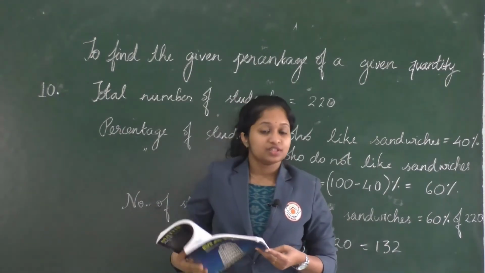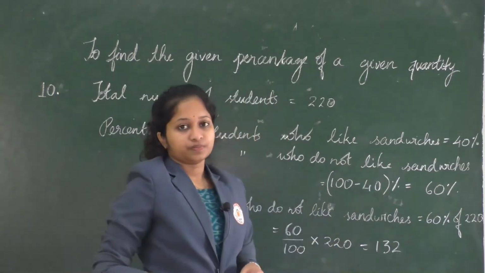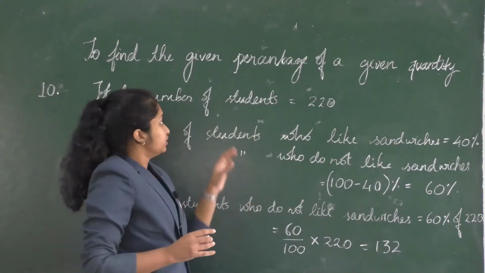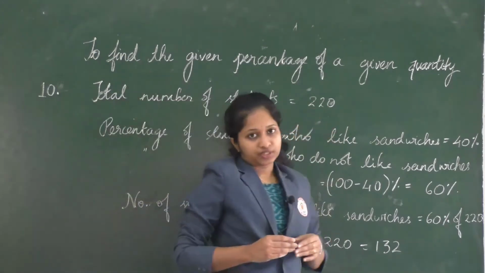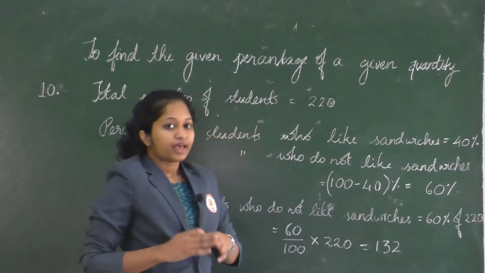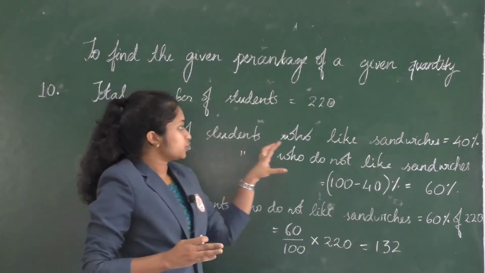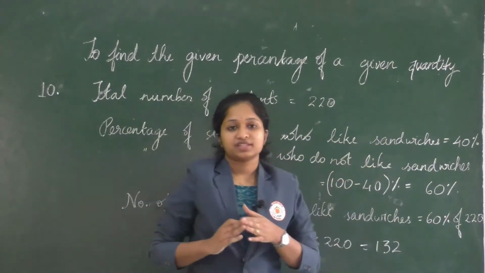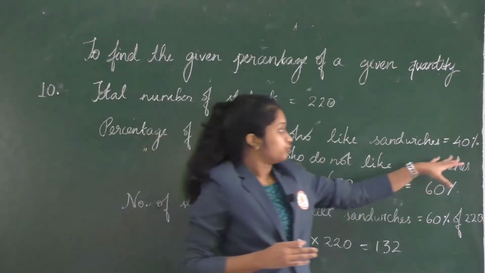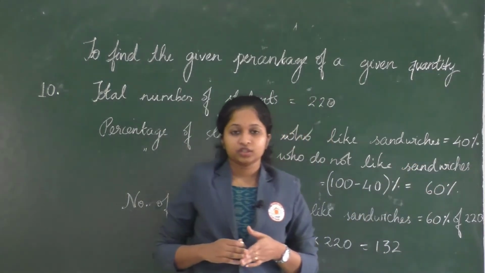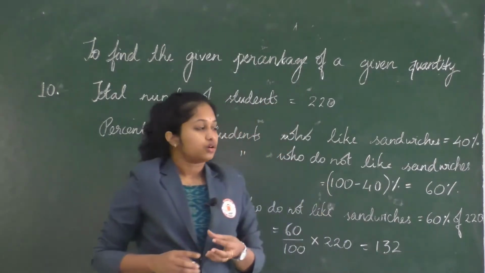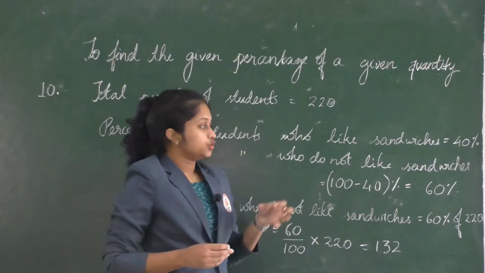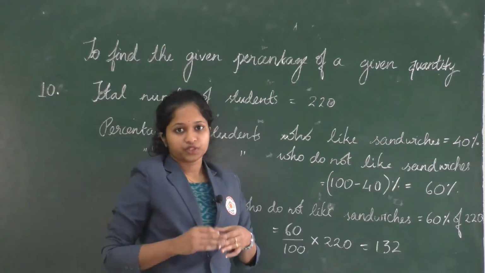How many students do not like sandwiches? The number of students is given as 220, and the percentage of students who like sandwiches is 40%. The question is to find how many students do not like sandwiches.